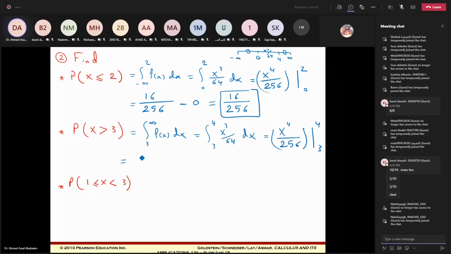Substitute 4, we have 256 over 256, minus substitute 3, 81 over 256. This equals 256 minus 81, 175, over 256.